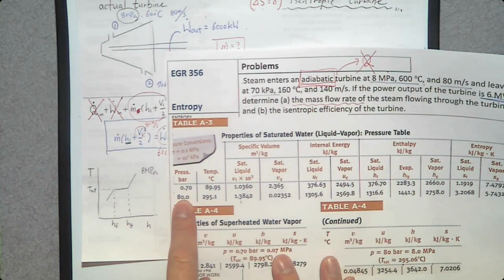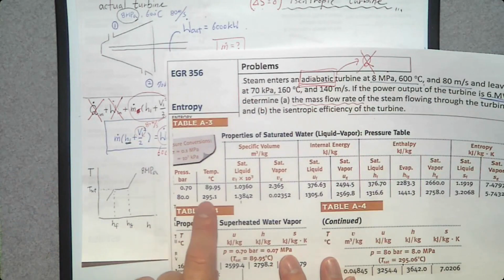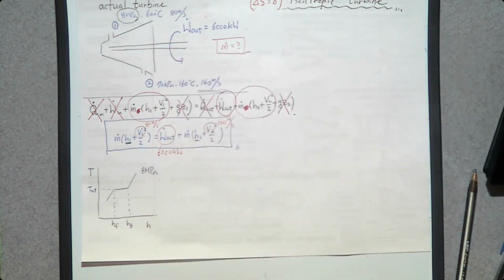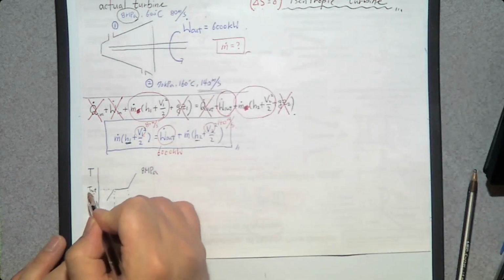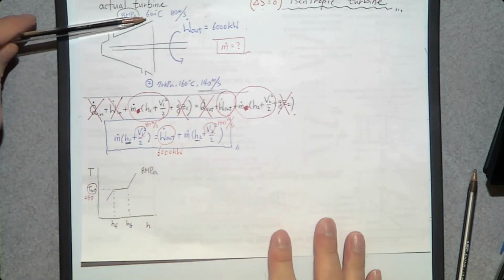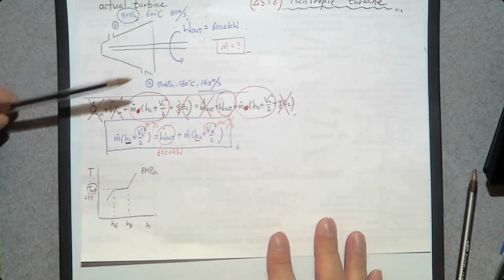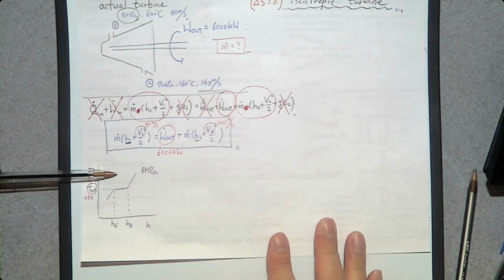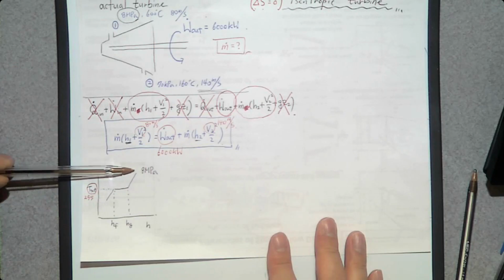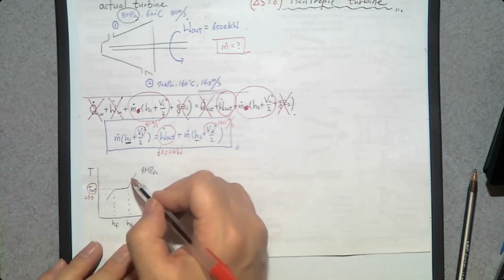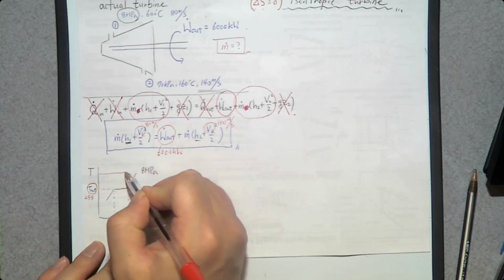At 80 bar, which is 8 megapascal, T-sat is only 295. Then what is the temperature at the inlet? 600. So where is the 600? Up here. So what is the phase change process? Number 5, superheat vapor. So this is 600.